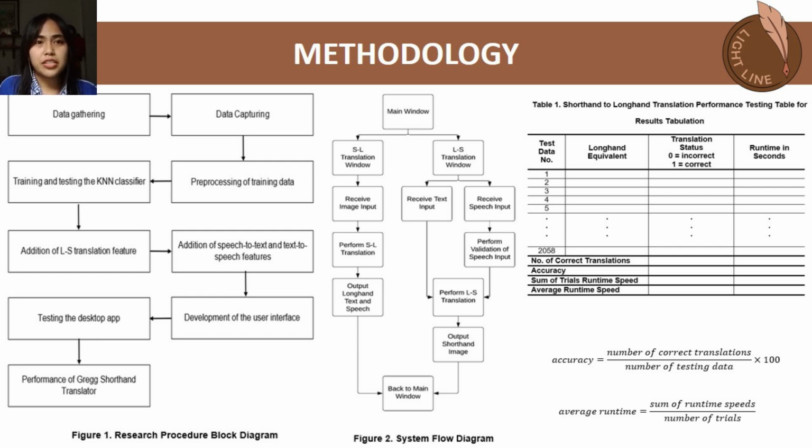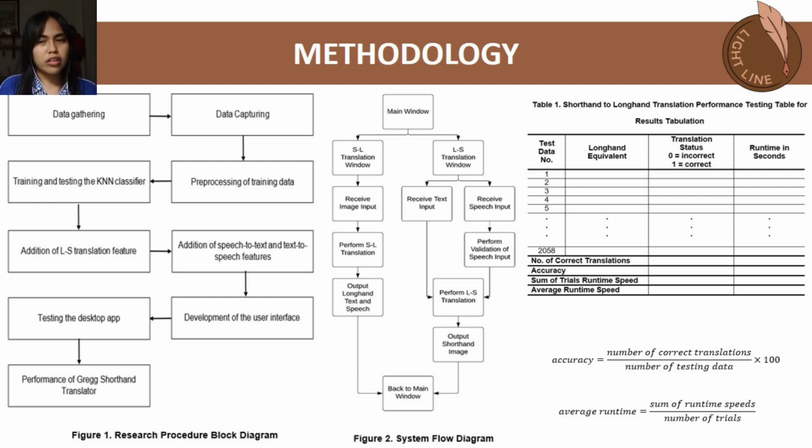Once the speech input has been received by the system, it is translated to text, and that text is used for the longhand to shorthand translation, which is basically just wording. The corresponding image is then output to the user interface, and the user can opt to go back to the main window or repeat the same translation process.